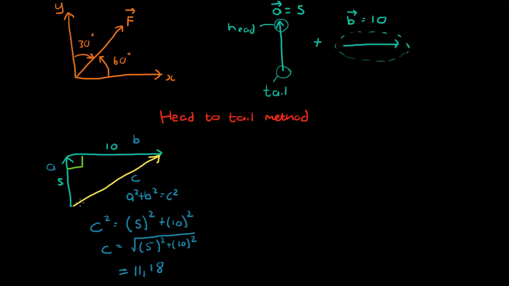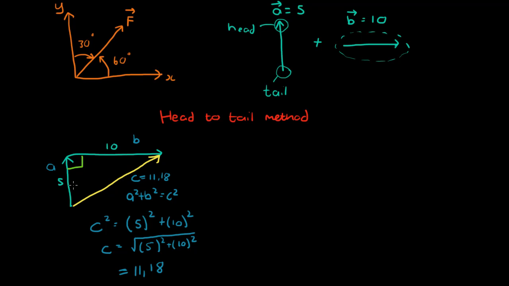Okay, so that's great. Now you have the magnitude, which is represented by the length of this vector, to be 11.18. But remember, you're calculating a vector, right?